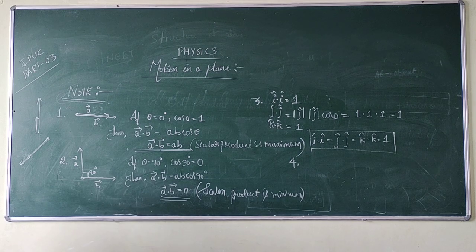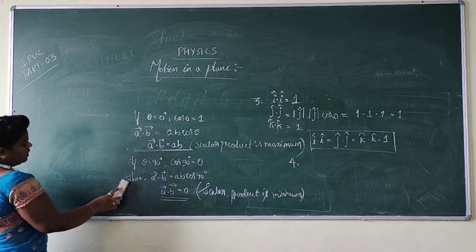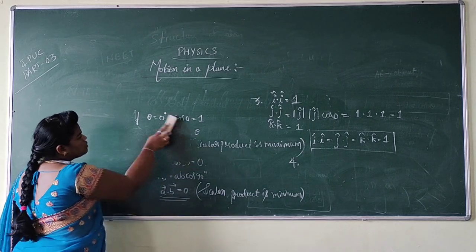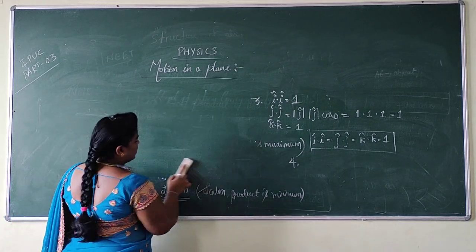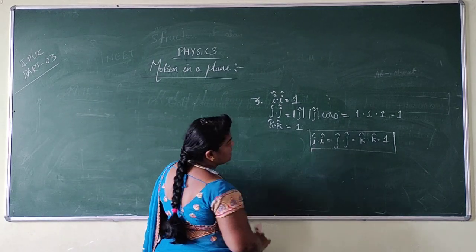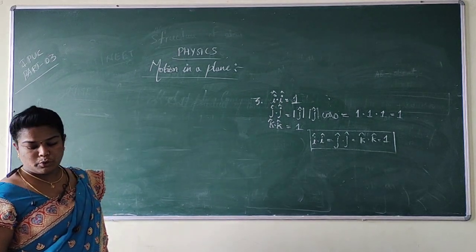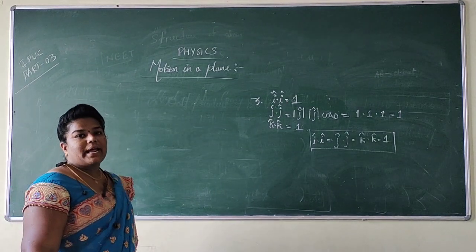And my dear students, now let us move to the fourth point. You know that if the two vectors are mutually perpendicular to each other, that is what we did in the second case, the second point we discussed, the angle between the two vectors a and b is equal to 90 degree.